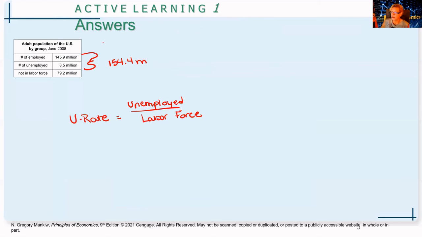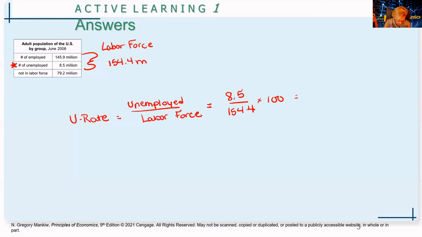And remember, we just calculated the labor force right here. The number of people unemployed is 8.5. So we're going to take 8.5, divide it by 154.4, multiply that by 100, and express it as a percentage.